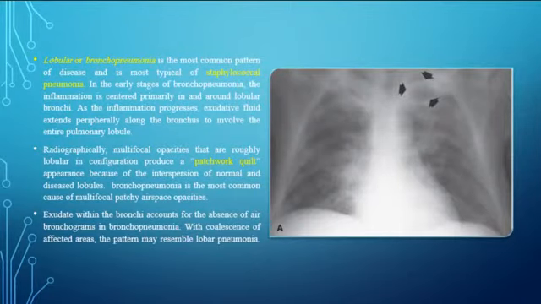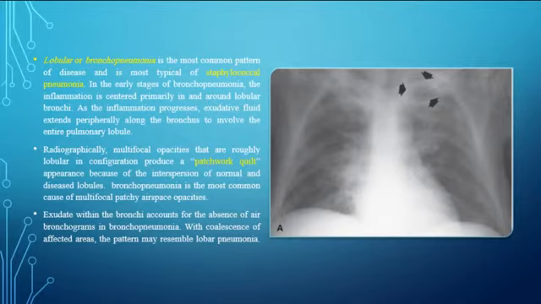Passing to lobular or bronchopneumonia, this is the most common pattern of disease and is most typical of Staphylococcus pneumonia. In the early stages of bronchopneumonia, the inflammation is centered primarily in and around the lobular bronchi, which is the fourth step in the tracheobronchial tree. As the inflammation progresses, exudative fluids extend peripherally along the bronchus to involve the entire pulmonary lobule.